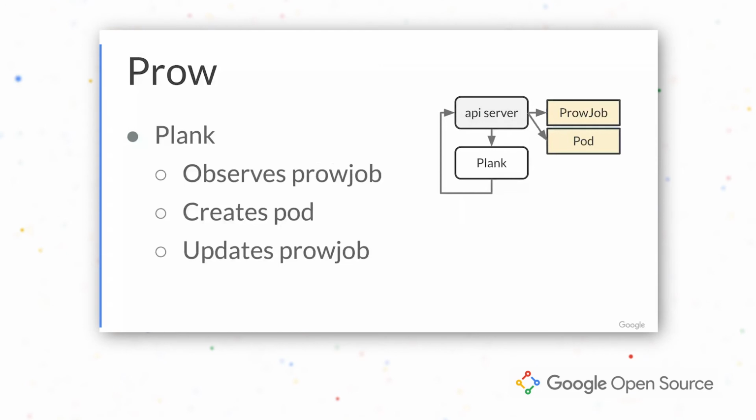Then the Plank component is watching and listening for new Prow jobs. When the API server tells it about a new Prow job that exists, Plank is then going to read the config and create the corresponding pod to complete that job. And then it'll update the Prow job status when the pod starts and finishes, to let everybody else know what is happening there.